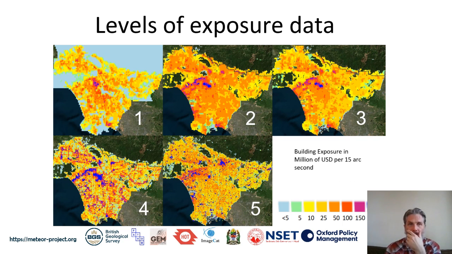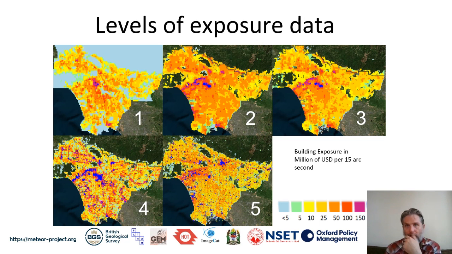So here you have them all side by side again. The level 1 data for the entire area, not as much differentiation, a lot of low areas. The HAZUS data, which you're able to see things like the Wilshire Corridor and more areas of concentration in places like Pasadena.